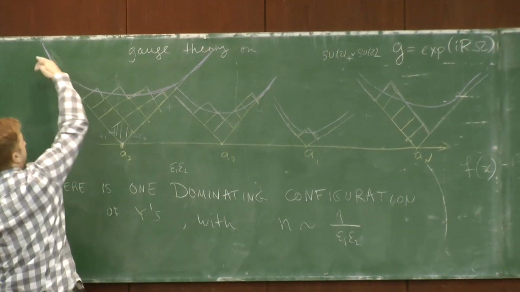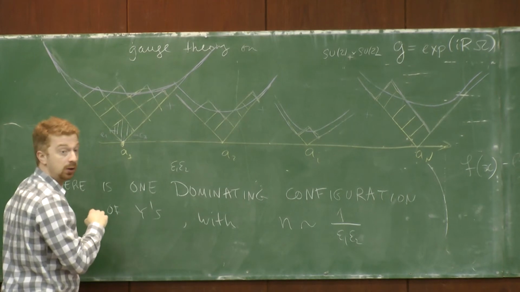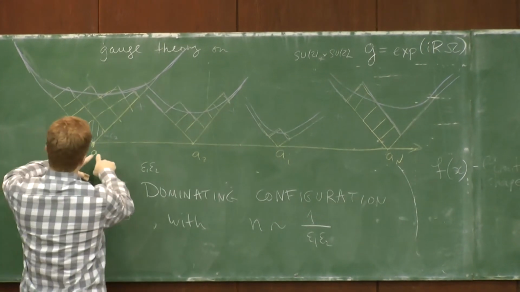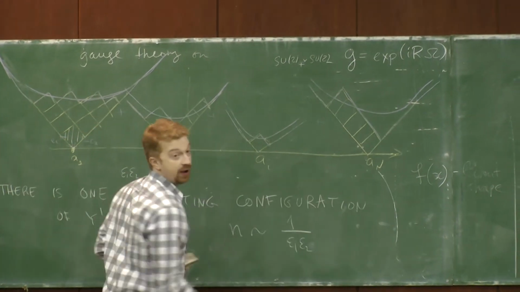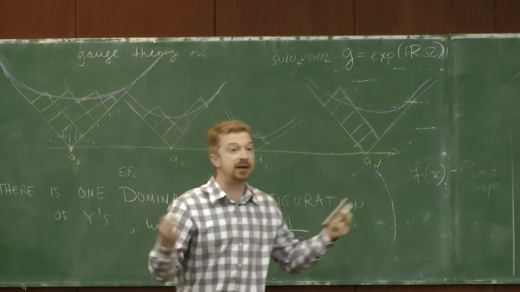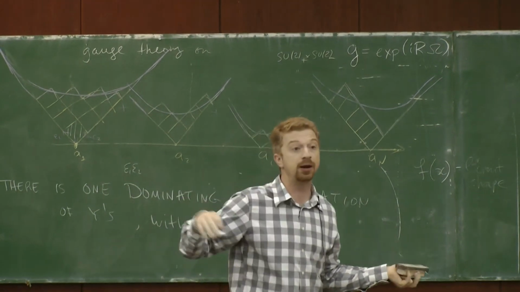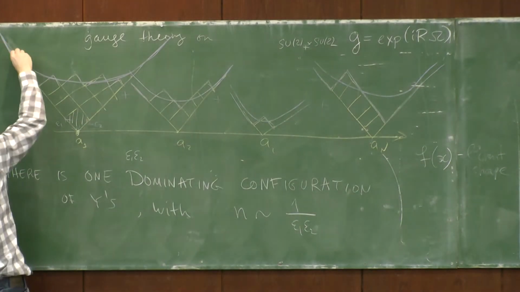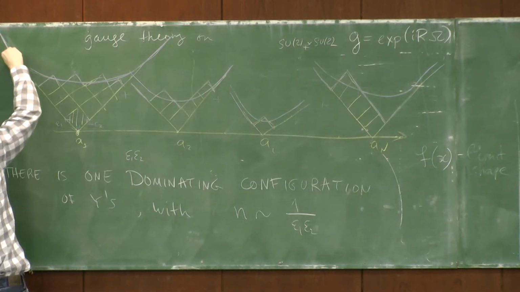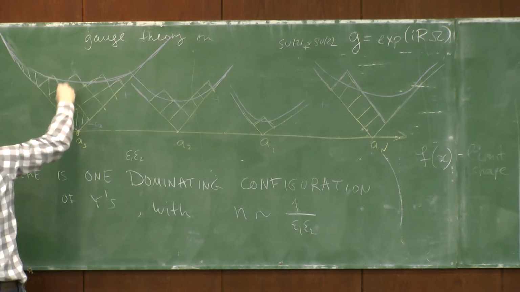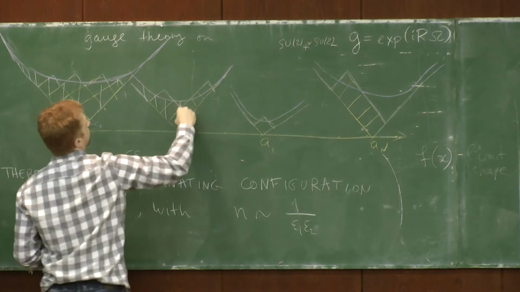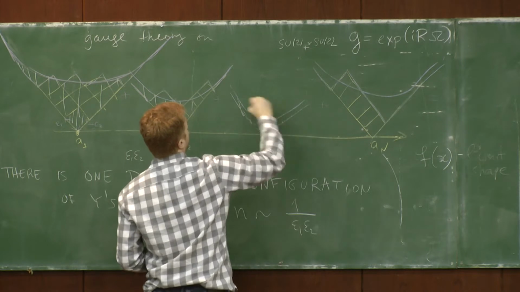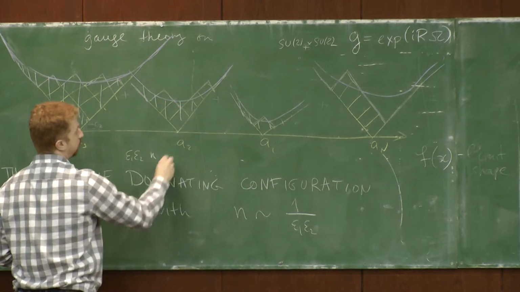I claim that I get a smooth curve, which in the units where A1, A2, and AN are finite is finite, so it occupies some finite area. There is some finite area below it. You see, it doesn't go all the way to infinity. It actually starts as a linear, and then there is some finite area here. And so it's n times epsilon 1, epsilon 2 equals something finite.